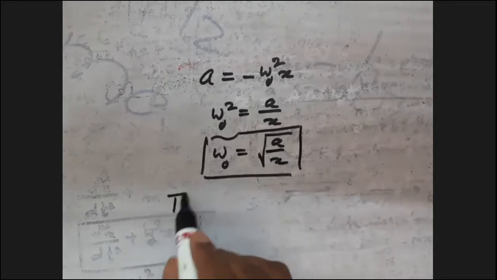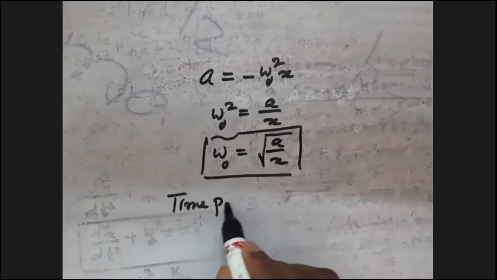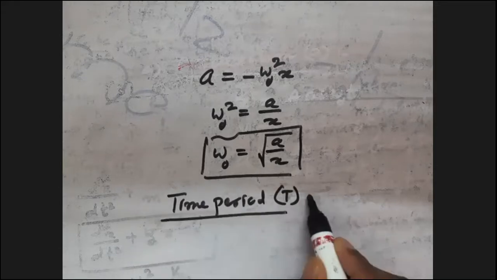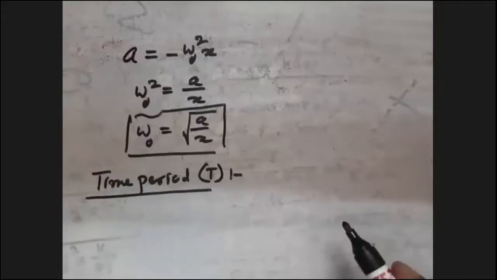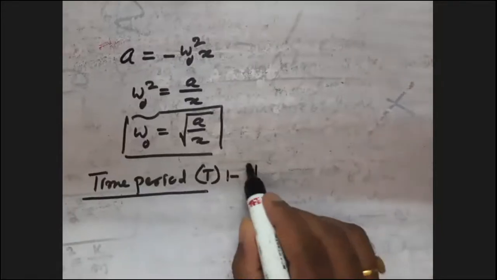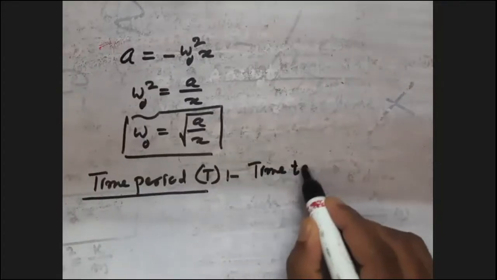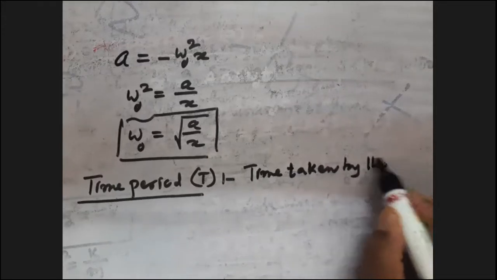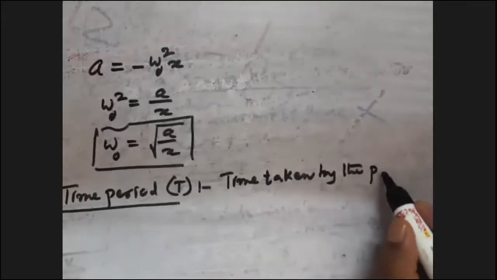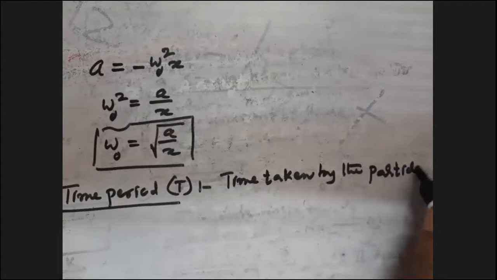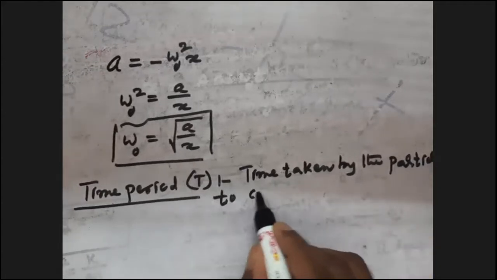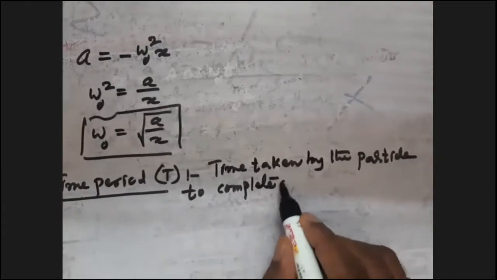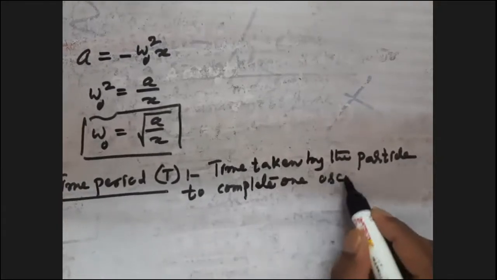Now what is the time period of a simple harmonic oscillator? It is defined as the time taken by the particle to complete one oscillation or vibration.